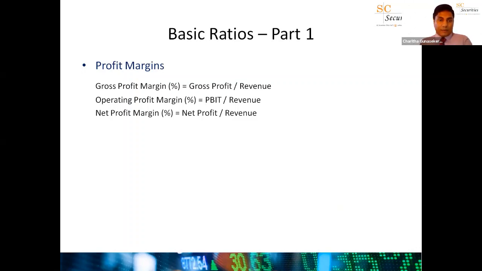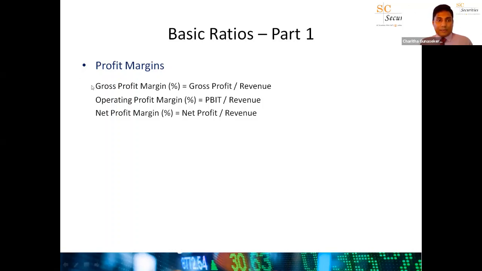First the gross profit line, that is sales minus cost of sales. Then you calculated something called the operating profit. Then finally, you calculated the net profit or profit after tax. So what you can do is, you divide each of the profit figures by the revenue that the company has earned. So when you divide the profit by revenue, you call it the profit margin.